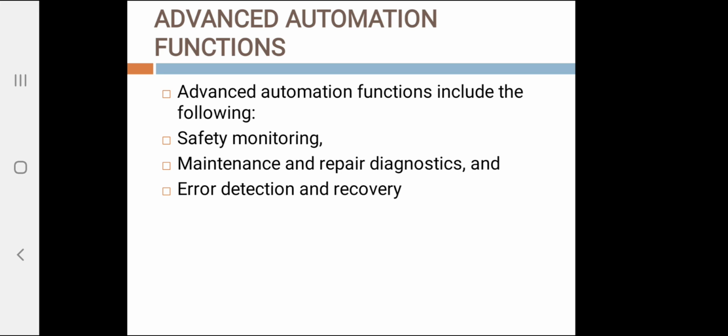Maintenance and repair diagnostics refers to the capability of an automated system to assist in the identification of the source of potential or actual malfunctions and failures of the system. Three modes of operation are typical of modern maintenance and repair diagnostic systems.